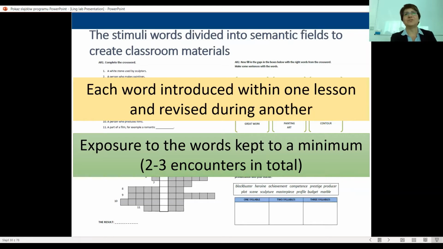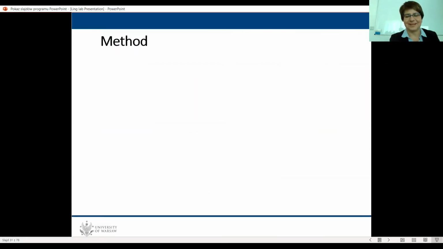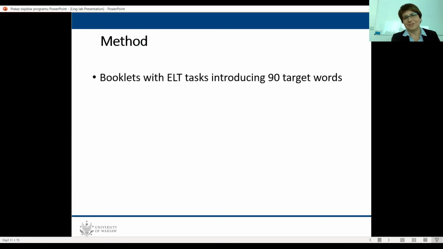And that's why we had to throw away some of the data, because one teacher decided that she would push the learners towards learning the words better, and she exposed them to those words like 7 or 8 times because they couldn't learn those false cognates, for instance. So that data had to be discarded.